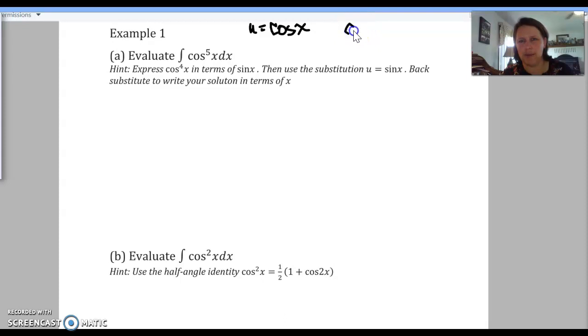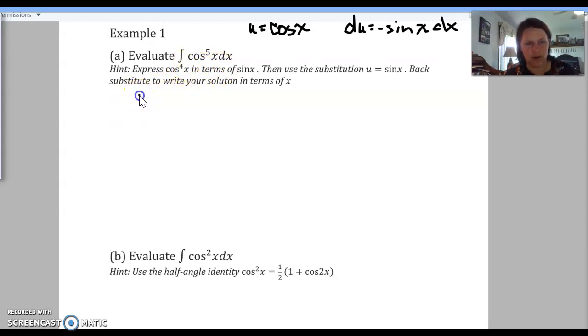But what's the problem? The problem is, what is the derivative of cosine? Well, the derivative of cosine is negative sine x dx, and we don't have a sine in there. So if we want to do some kind of u substitution, we also have to have a sine function in there. So what I'm going to do here is start peeling this away.